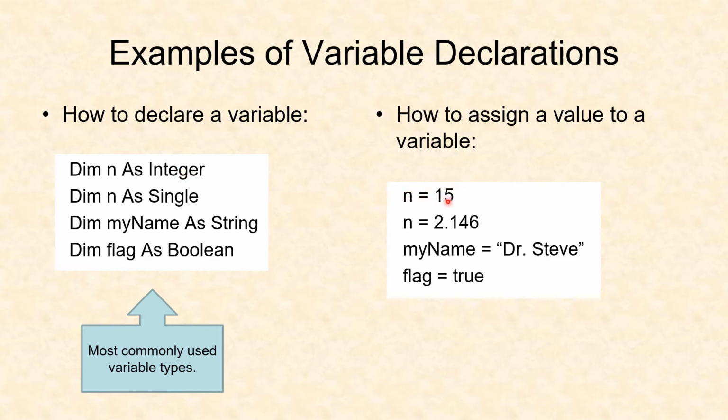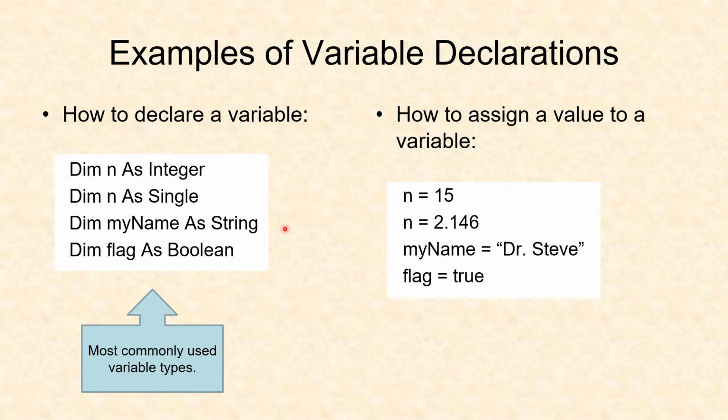This is how I can assign that value. If I say n = 15, now it's like a memory that's holding that value of 15. Now another type that you might use is Single. So if we say Dim n As Single, now n can hold a number with some decimals.